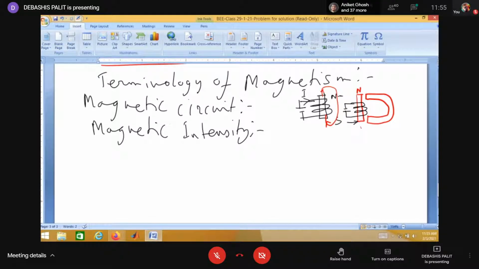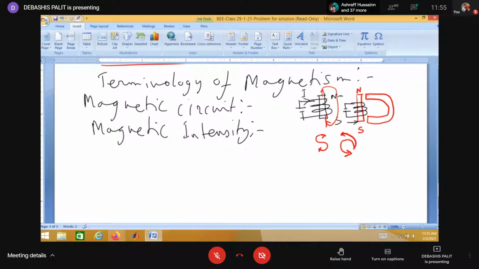That N pole and S pole is dictated by the orientation of the coil on this magnetic material. If the orientation is anti-clockwise, that is the N pole; the clockwise direction gives the S pole. I am assuming here a clockwise orientation of the coil over this solenoid, over this magnetic material.